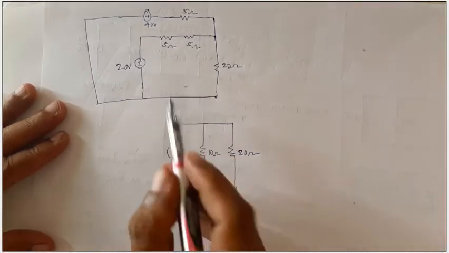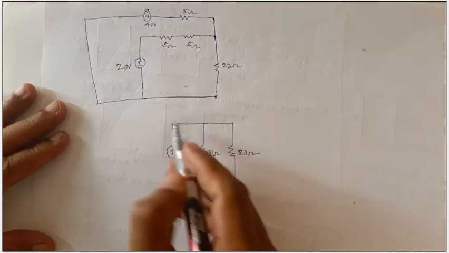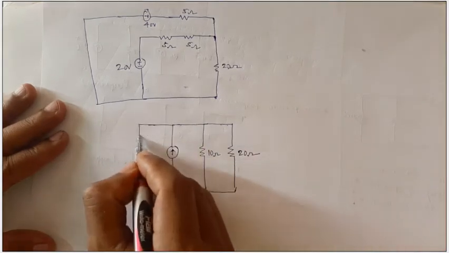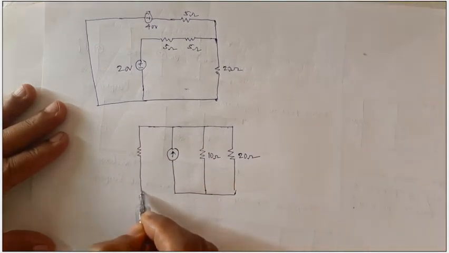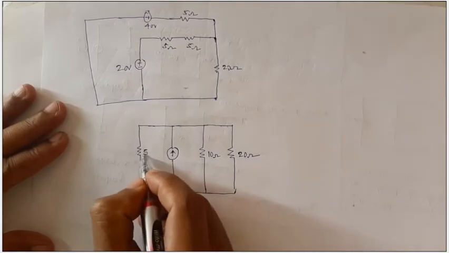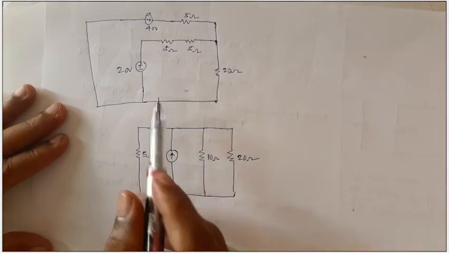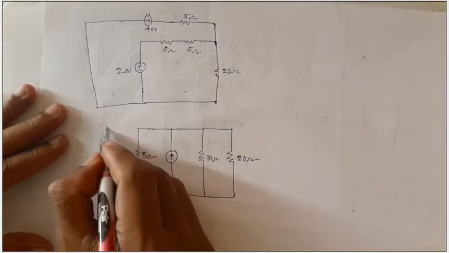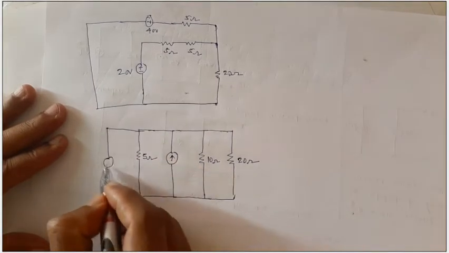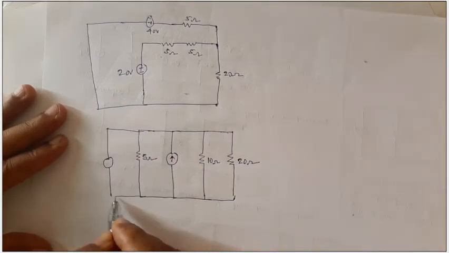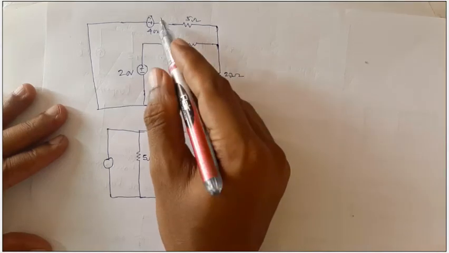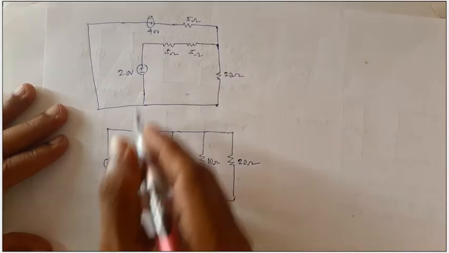And here 40, this 5 ohm resistance after conversion will be parallel with the current source. It is 5 ohm, and 40 by 5 is 8 ampere. Here we have an 8 ampere current source, and its direction is upward as per the sign.